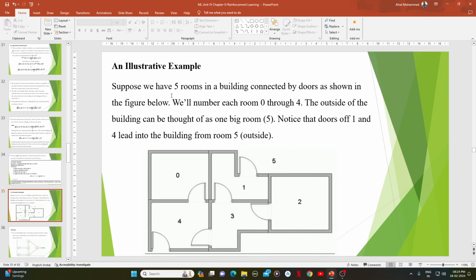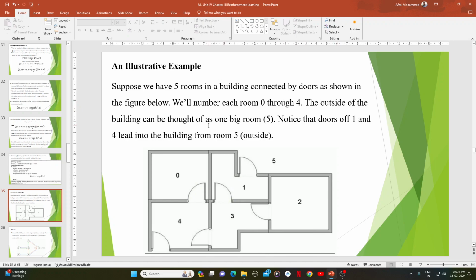Suppose we have 5 rooms in a building connected by doors, as shown in the figure. Every room has some doors, and those doors give us the movement between the rooms. We number each room from 0 to 4.